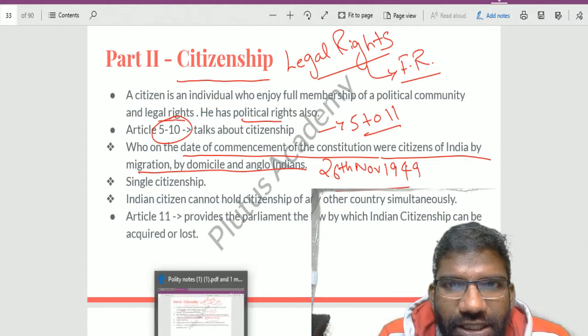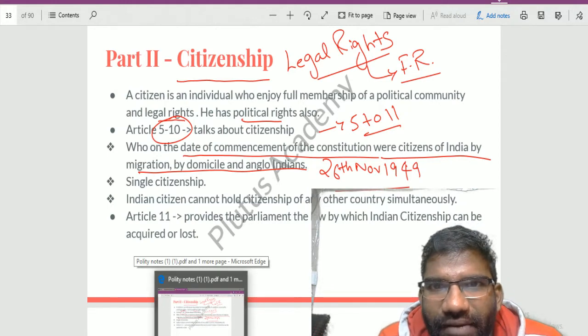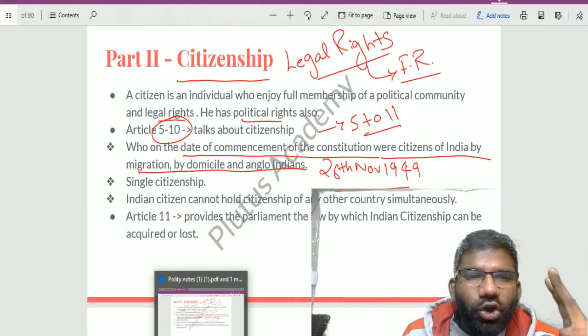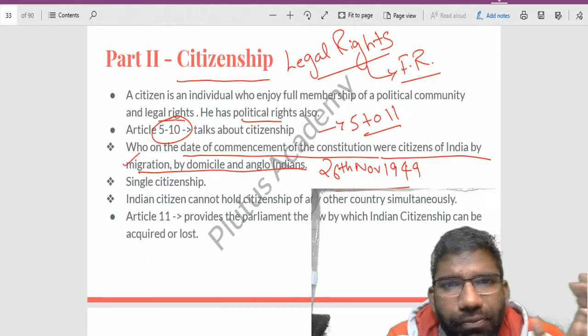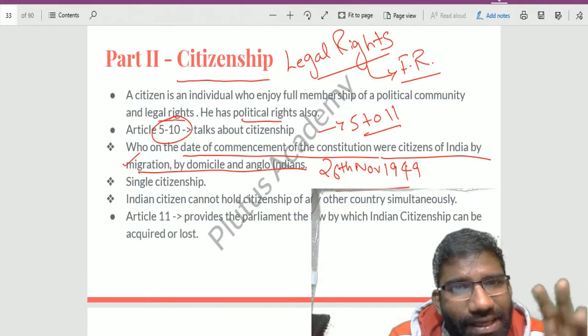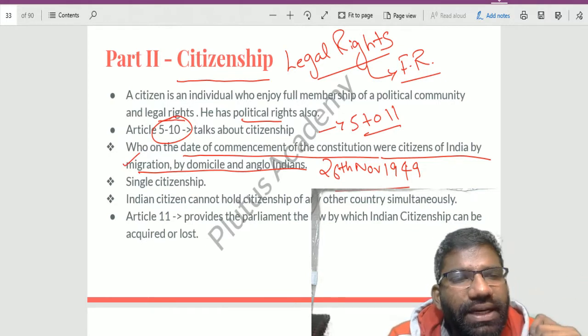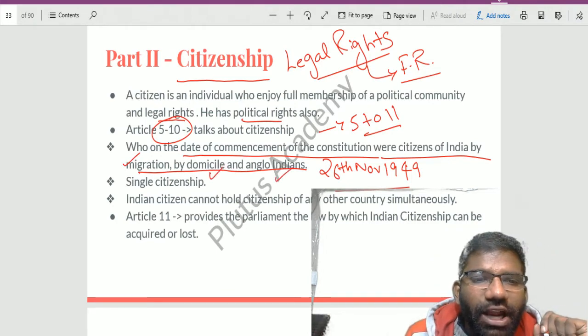Migration means those people who migrated from Pakistan to India after independence. They were also given Indian citizenship. By domicile means the law of the land, and Anglo-Indians.